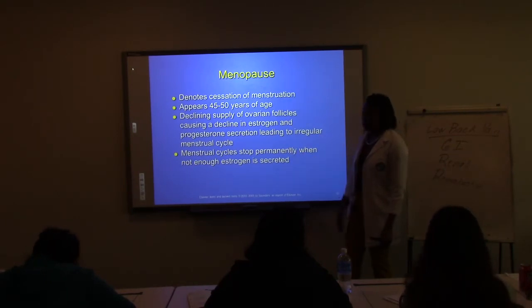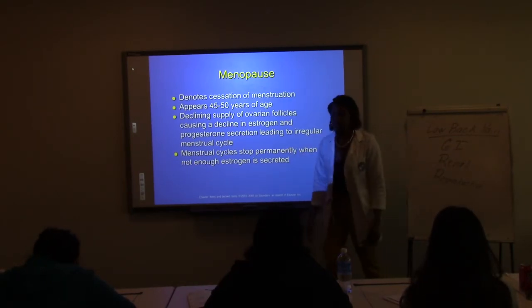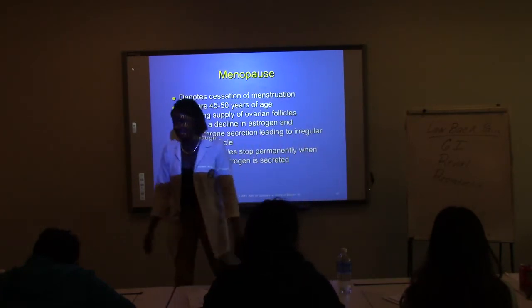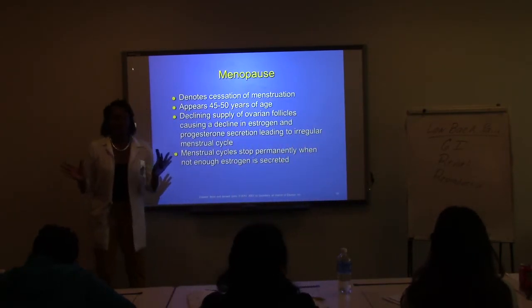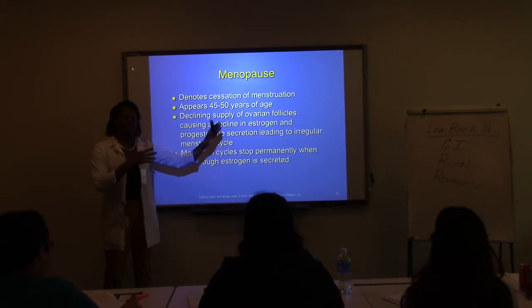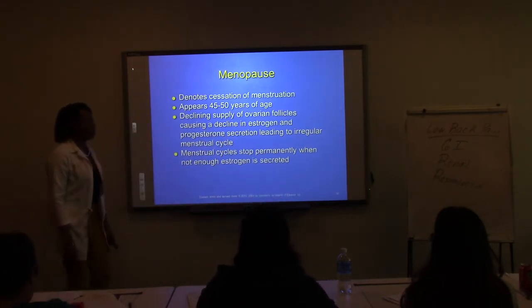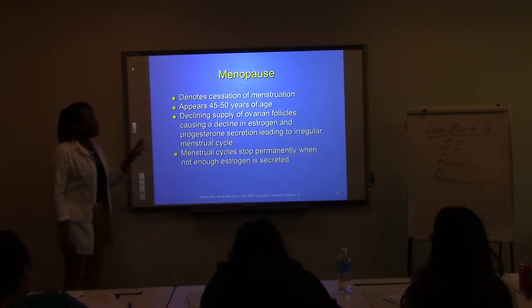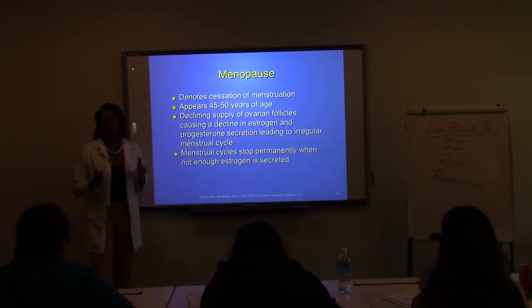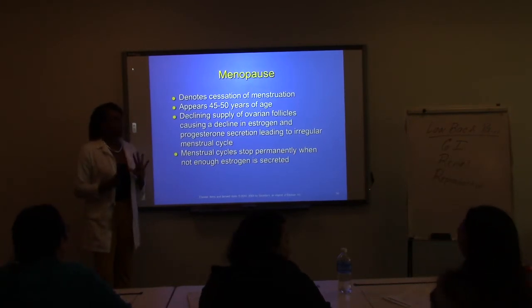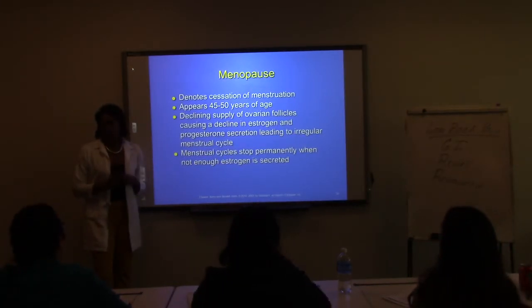Okay, I know this is weird, jumping to menopause. Yeah, give birth, life goes on, and then menopause. So now we're jumping to menopause. Menopause occurs somewhere around 45 to 50 years of age.